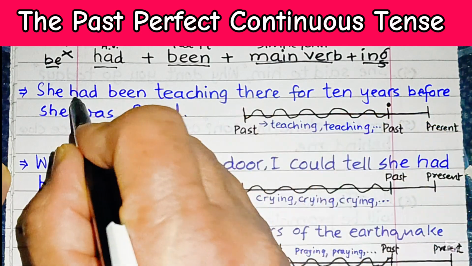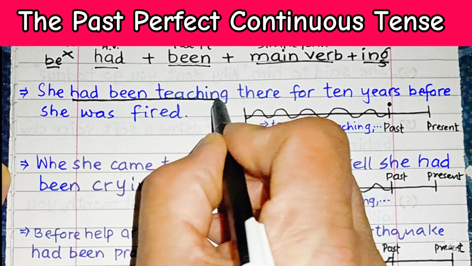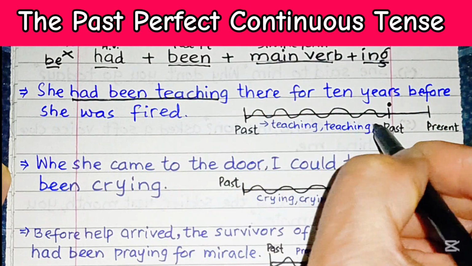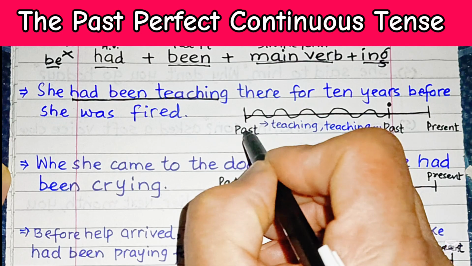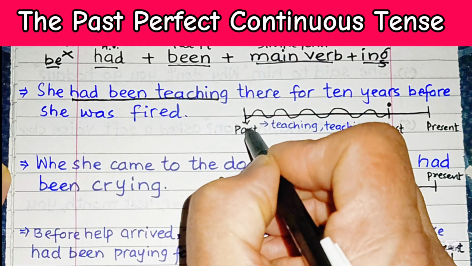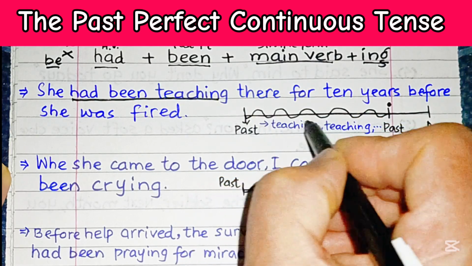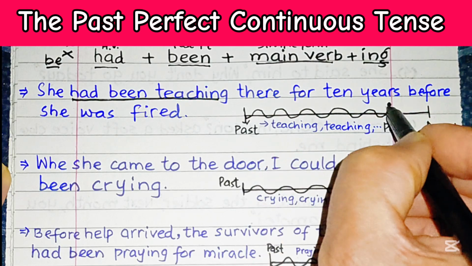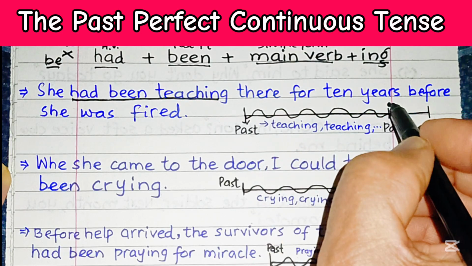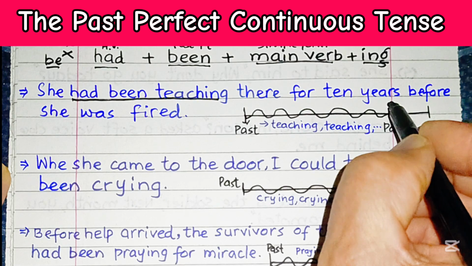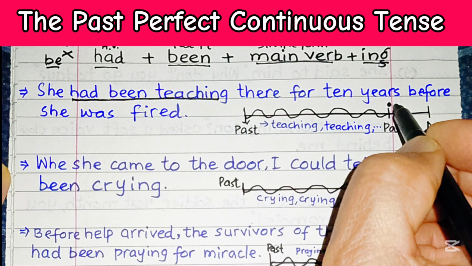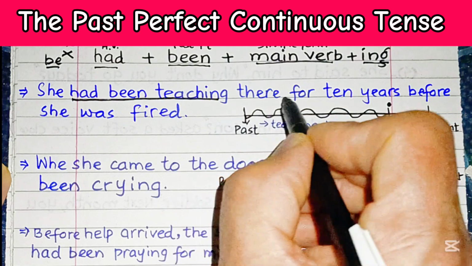So she had been teaching for 10 years, means she had been teaching. The action starts in the past over here. It remains continuous in the form of teaching for 10 years. And then this is the point when she got fired. This is the point. And then this is the time before that she had been teaching.